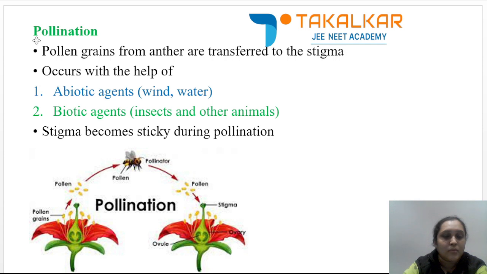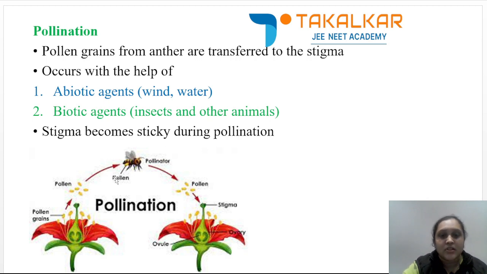This is done by the process called pollination by pollinating agents. There are two types of pollinating agents, abiotic agents and biotic agents. Abiotic agents are wind and water, while biotic agents are insects and other animals like bats.